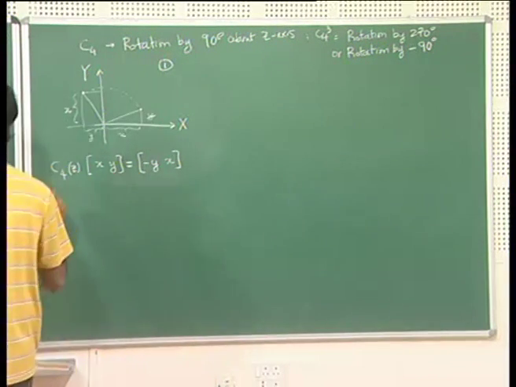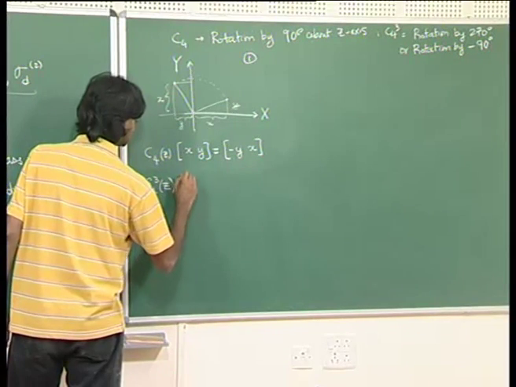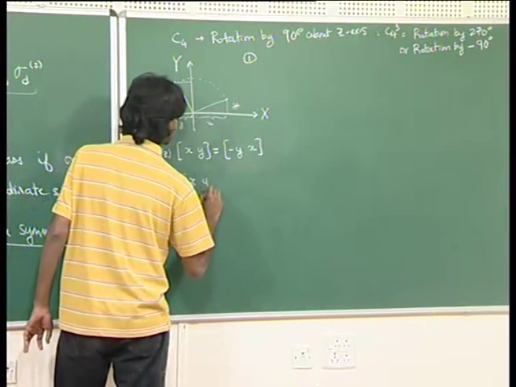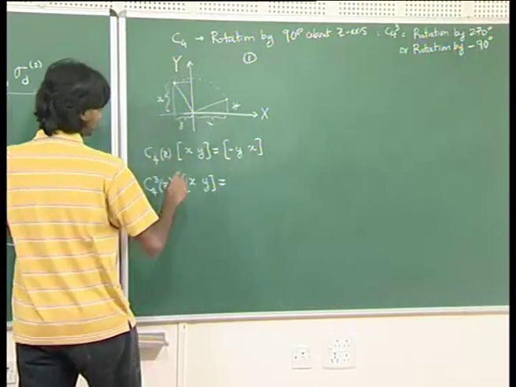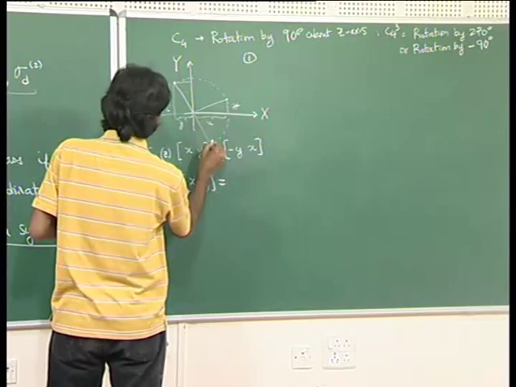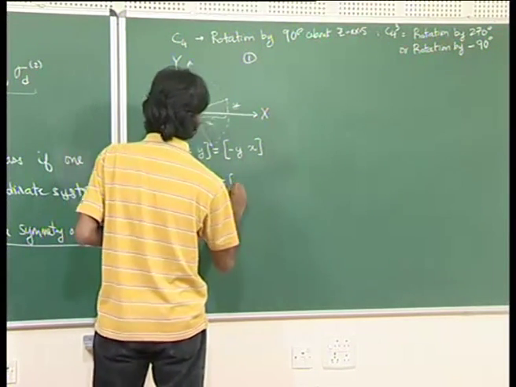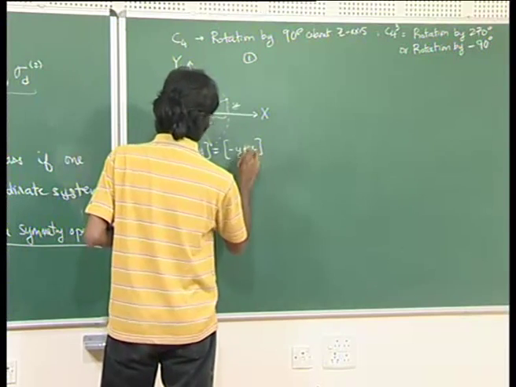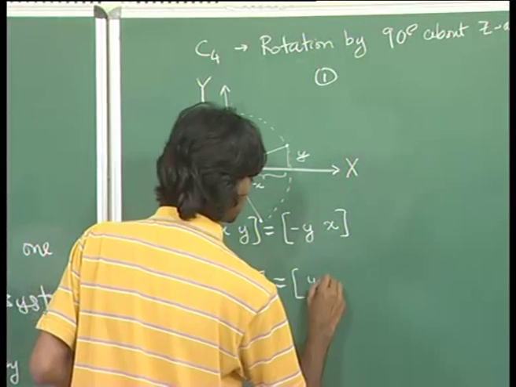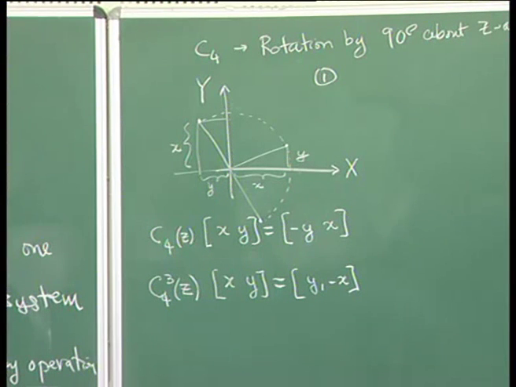So if I do C4 cube on z, then it takes a point x y. Now we can show what will happen. If I rotate by minus 90 degrees, I will end up exactly here. So the point will be y minus x. So it will be exactly opposite of this, that is y minus x.